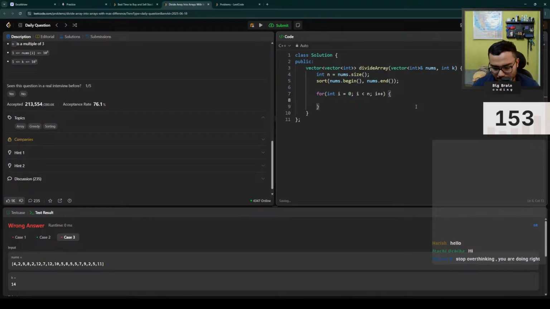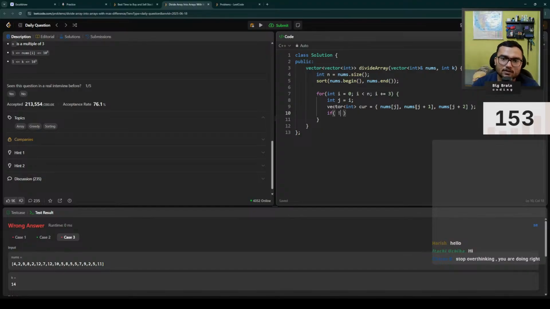For int j equals i, since it's just 3 elements, I can simply do plus equals 3. So I need a vector current equals nums of j, nums of j plus 1, nums of j plus 2.